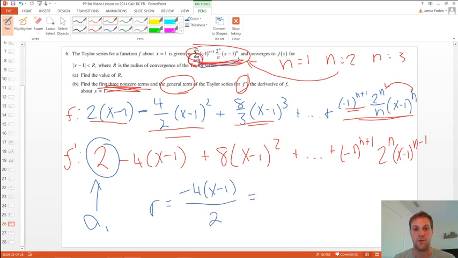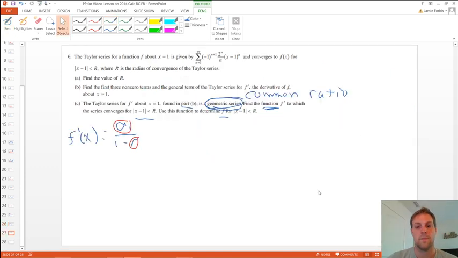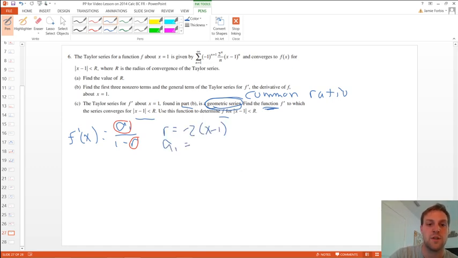That'll tell me the common ratio, which in this case would be negative 2 times x minus 1. So in this problem, r is equal to negative 2 times x minus 1, and a sub 1 is equal to 2. We found that from part B.